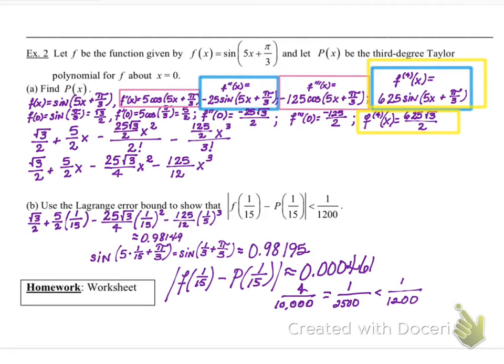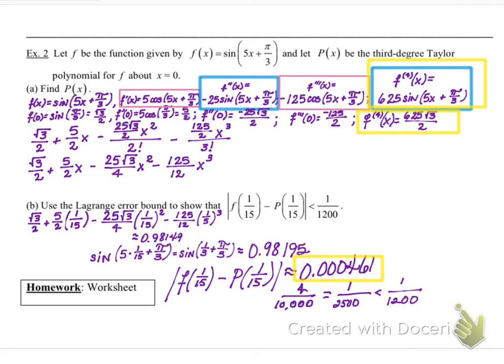Okay, so I did some finagling here. I would not ordinarily write the decimal here, and I rewrote it as 4 over 10,000. And 4 over 10,000, granted, is a slightly different decimal, but it still gives us the opportunity to simplify that fraction and allows us to compare it in a more straightforward manner to 1/1200th.